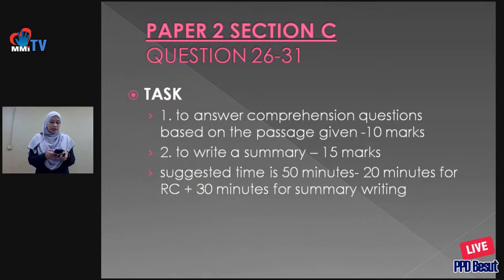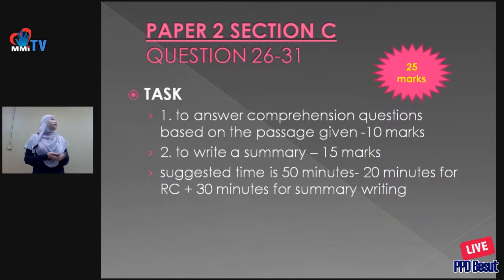The second one is to write a summary, and the marks is 15 marks. The suggested time is 15 minutes. You have 20 minutes for the RC, reading comprehension, and 30 minutes for the summary writing. So basically the overall marks is 25 marks.